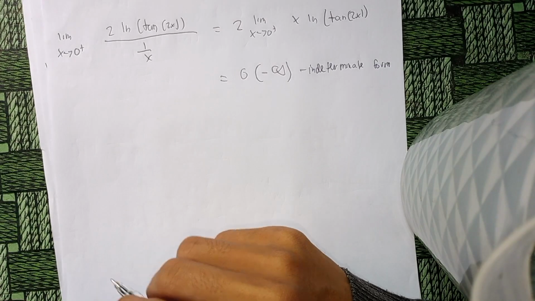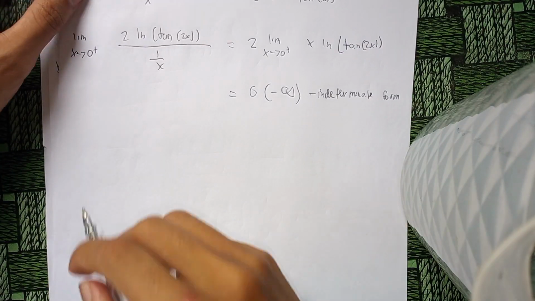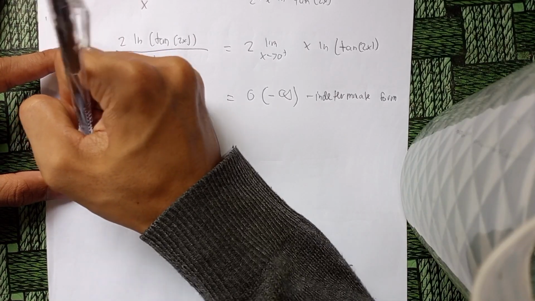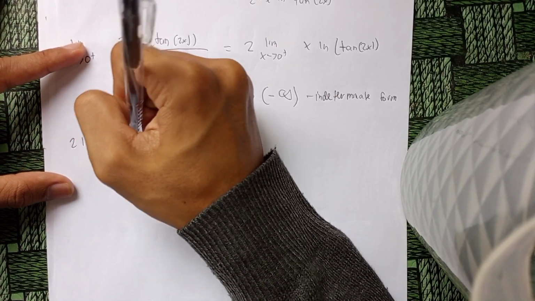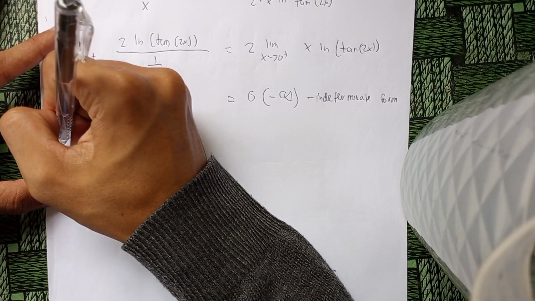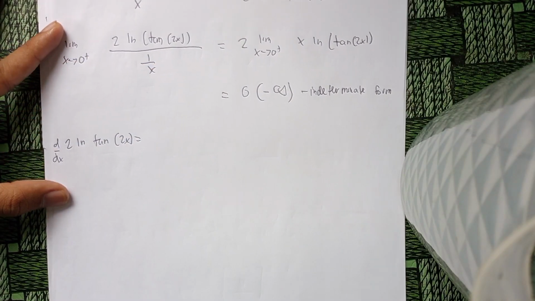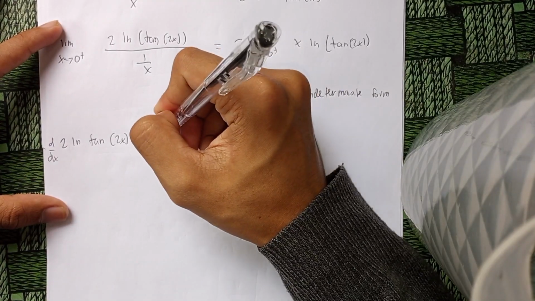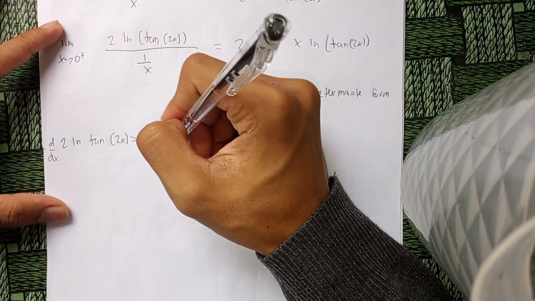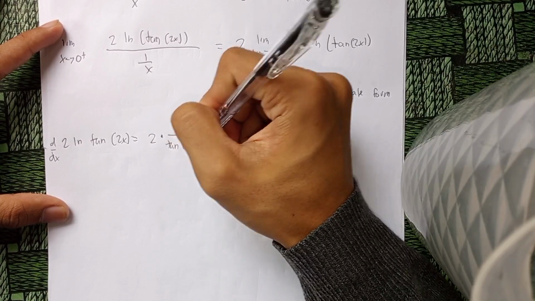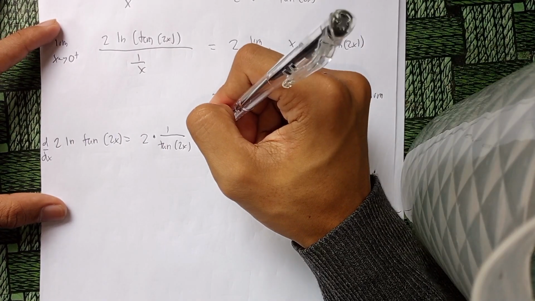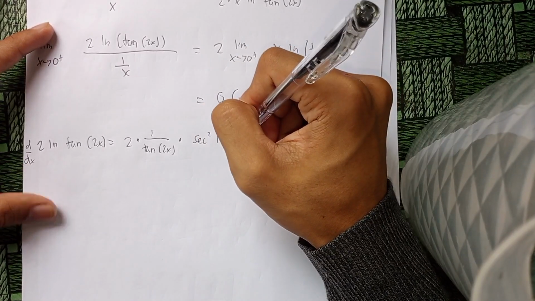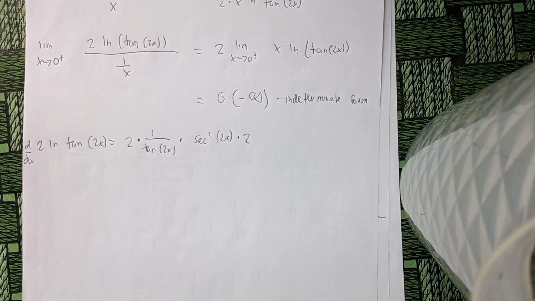Now for step 2, we will apply L'Hopital's rule. First is the numerator. In applying, we say 2 ln tan is 1 over tan 2x, multiplied by the derivative of tan, secant squared 2x, multiplied again by 2.